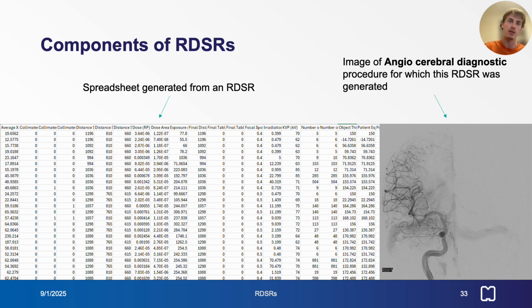The spreadsheet shown on the left was generated by extracting the information found in the associated RDSR, which can then be used as an input to a program that we can use to calculate the peak skin dose. And this demonstrates how important RDSRs are in the clinic.